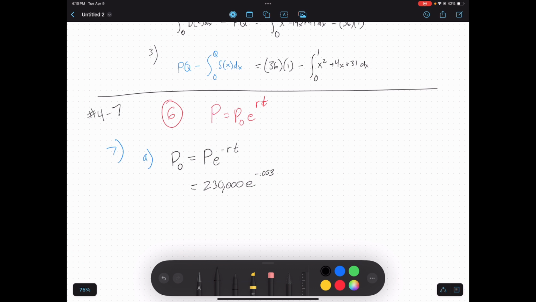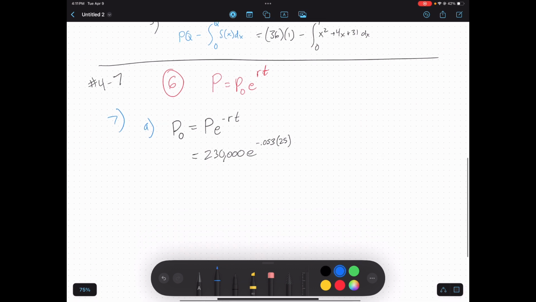But I'm going to do this negative because I'm starting with my future value, and the amount of time is 25. That'll give me my present value. But then in part B, you're actually solving for that continuous income stream. So you're solving for R. And once again, you're assuming it's constant.